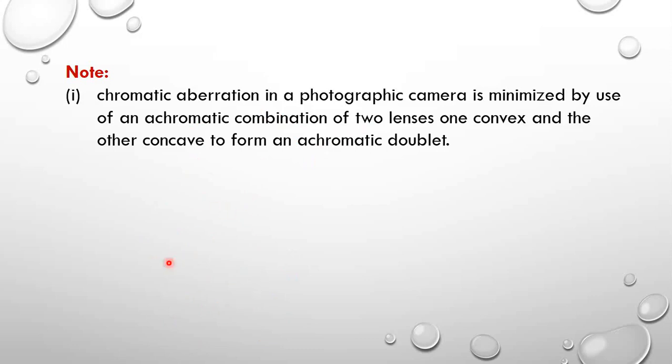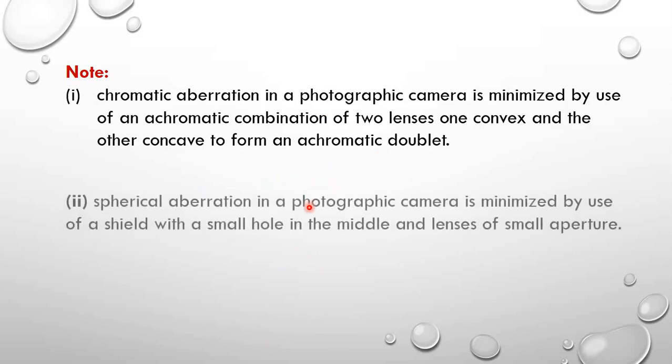The shield is in the form of a disc and has a small hole. That helps to cut off the marginal rays. And apart from that, we also use lenses of a small aperture to minimize spherical aberration.